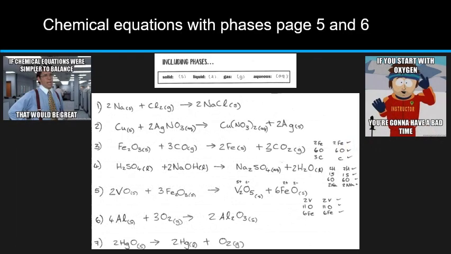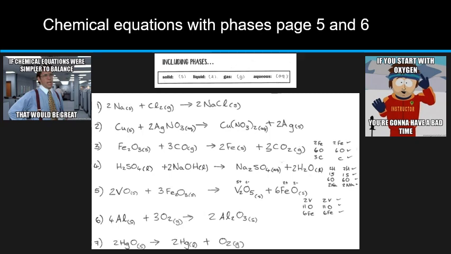On page 5 of your booklets, you will see that there are 14 descriptions that you needed to look at, and then you needed to write out your chemical equations based on those descriptions. Sometimes we gave you hints and told you exactly what was happening. If we used the word metal, the chances are it's a solid.